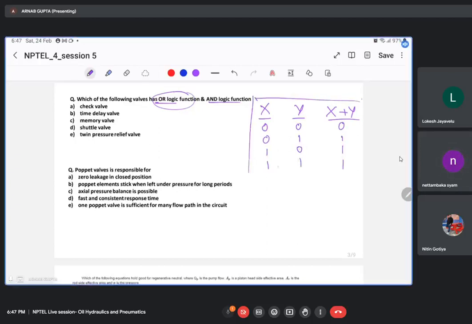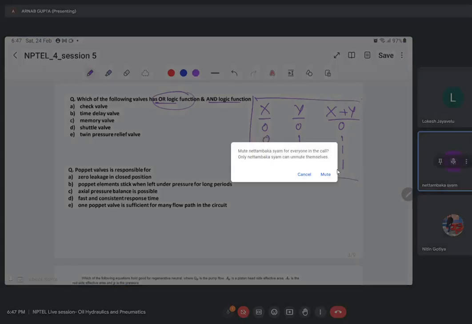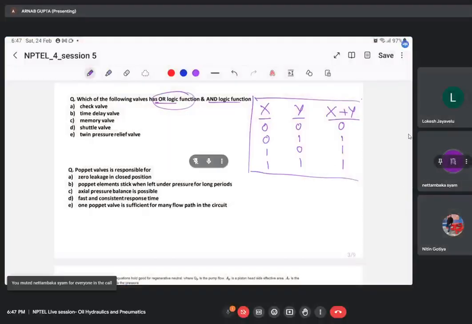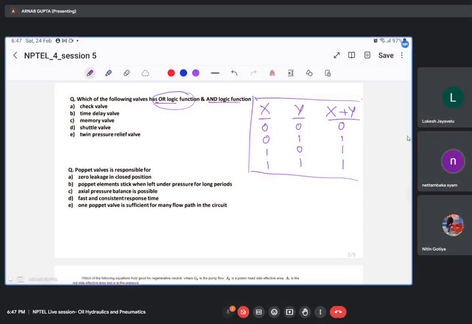This is the logic operation, and you want to realize it in a pneumatic or hydraulic circuit. Mostly it's used in pneumatics, and these are low pressure pneumatics.